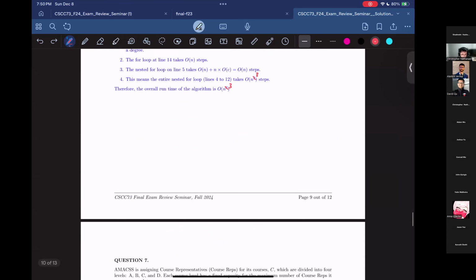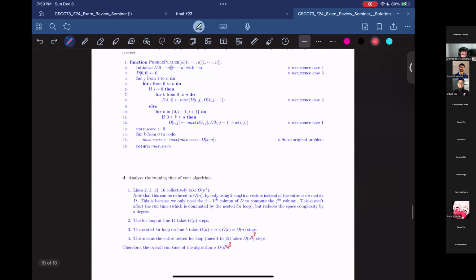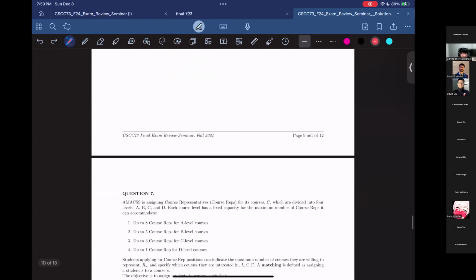Any questions about this one? I think it should make more sense to you guys once you read the solution slowly again.